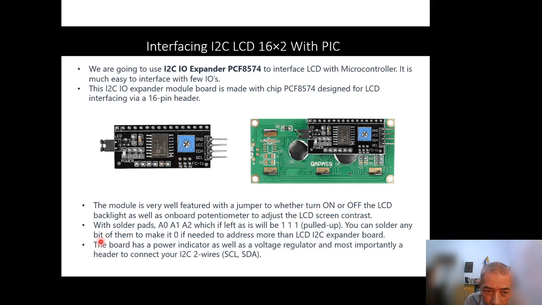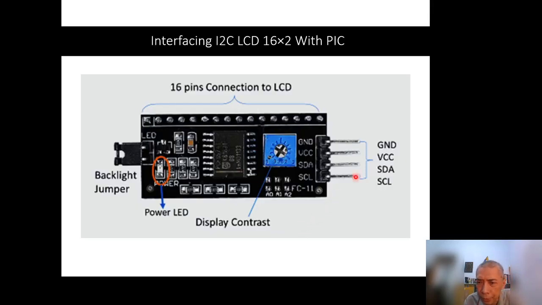You can solder any bit of them to make it 0 if needed, to address more LCD I2C expander ports. The port itself has a power indicator as well as a voltage regulator, and most importantly, a header to connect your I2C wires, SCL and SDA. So this is the connector to connect this I2C IO expander to your microcontroller.